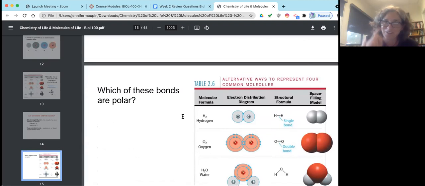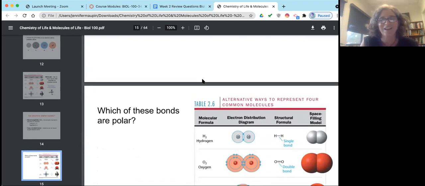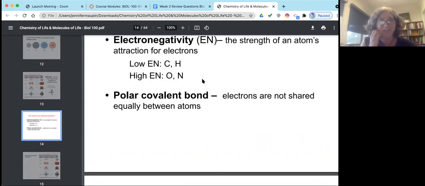Okay, that is a great question. And I could tell you that I just know, because I'm going to tell you right now that carbon and hydrogen are low and oxygen and nitrogen are high. But if you look at the periodic table, you can actually sometimes see periodic tables where they're indicating electronegativity, and it's a calculation of how far away from the nucleus the orbitals are and where those electrons are going to be, and how many protons are in the nucleus itself.